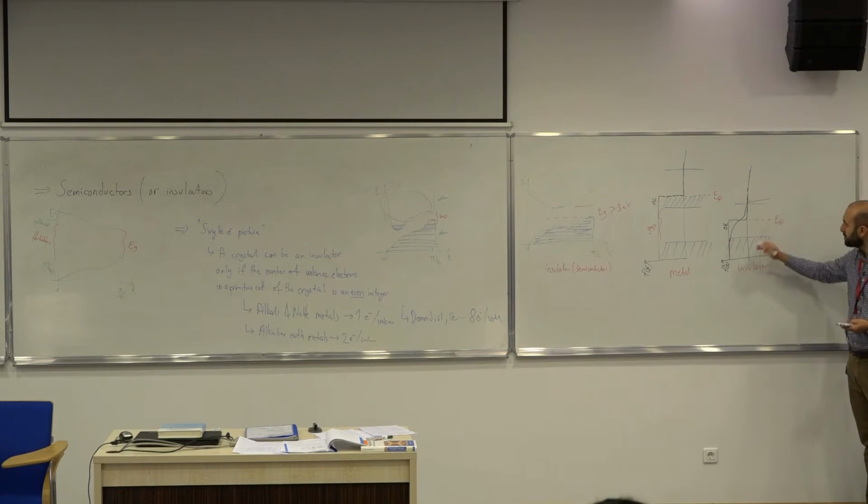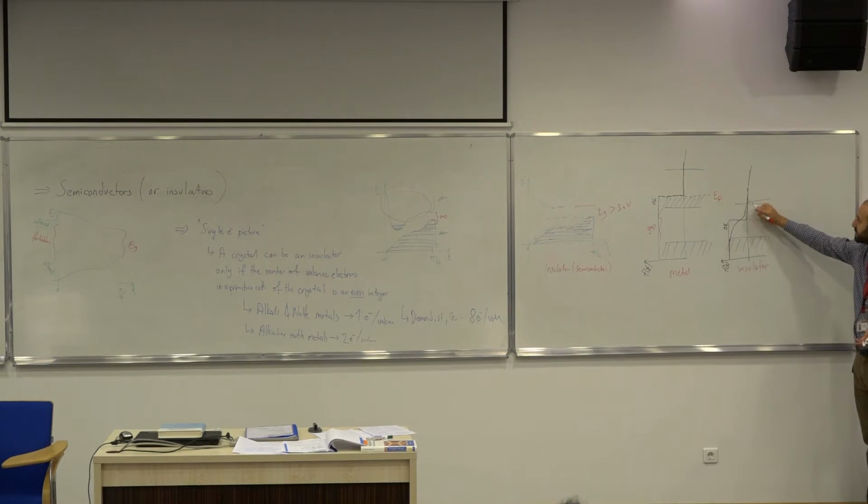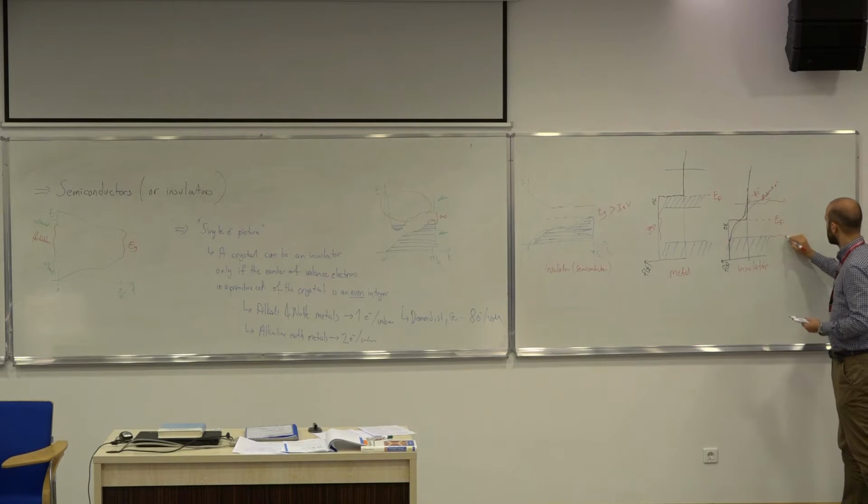And actually, if you do the math, you'll see that the number of electrons here will be equal to the number of absent electrons there. So in a way, temperature redistributes the electrons to these energy levels, and there's a finite probability of finding electrons in the upper band.